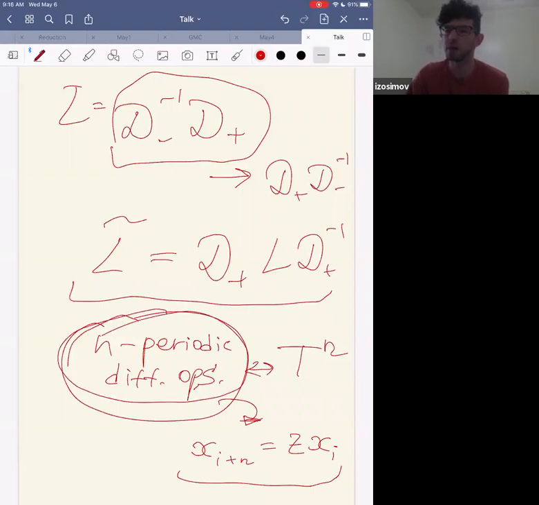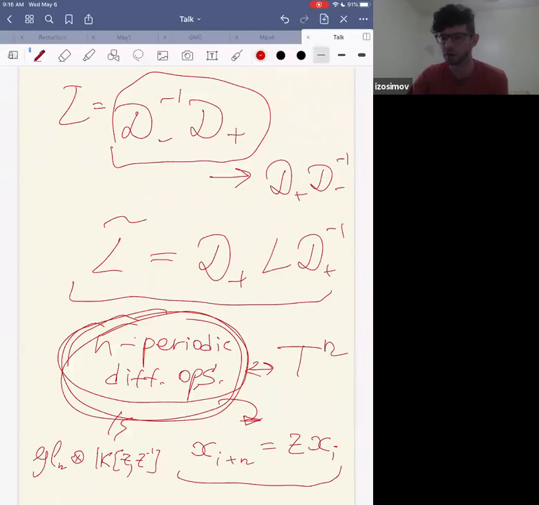So it's a family of representations, which actually identifies n-periodic difference operators with the algebra GL_N tensor Laurent polynomials. So this algebra of n-periodic difference operators is isomorphic to Laurent polynomials with coefficients in GL_N. And it's because we consider periodic operators. They already commute with the nth power of the shift.